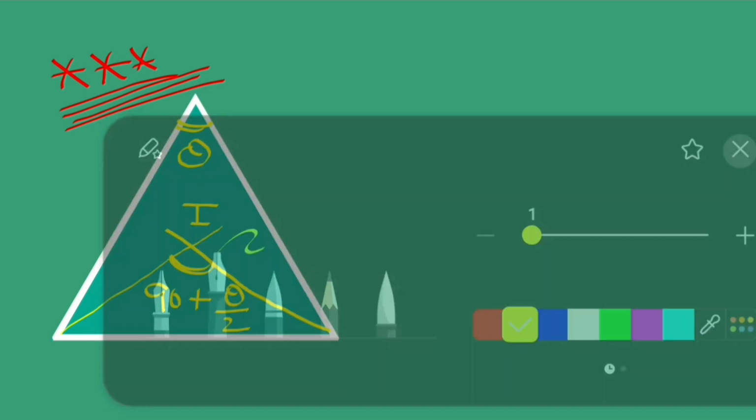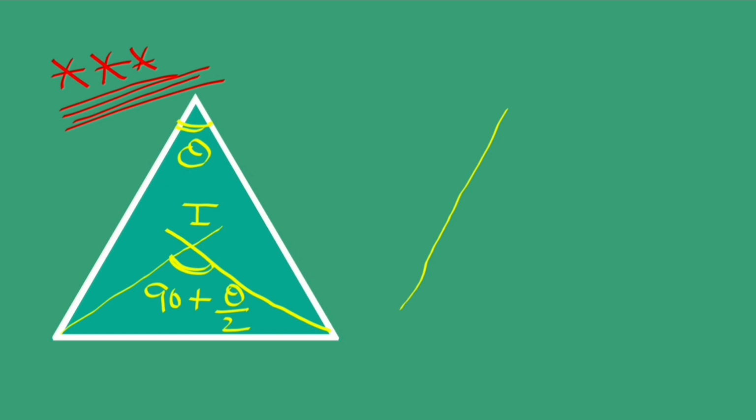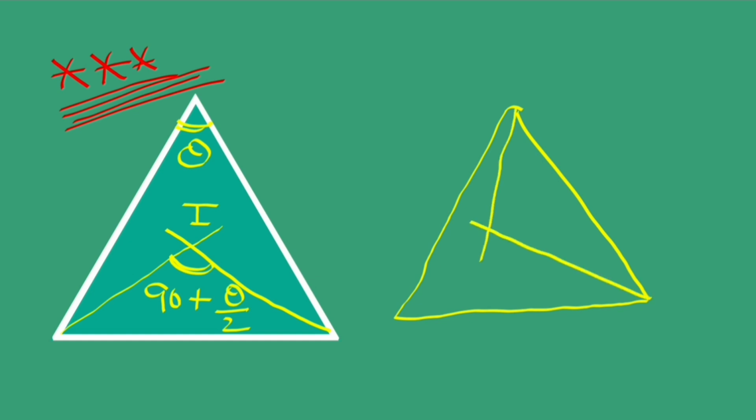suppose this is the triangle, and this is one angle bisector, this is another angle bisector, and this is I, the incenter.